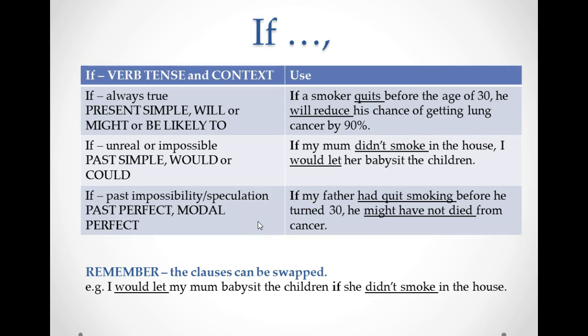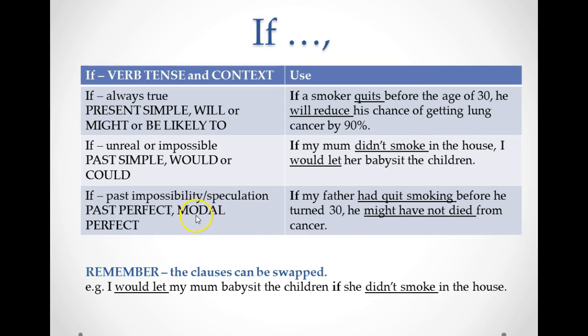The third one is to describe past impossibility or to speculate about the past. You need past perfect. If my father had quit smoking before he turned 30, he mightn't have died, or he might have not died.